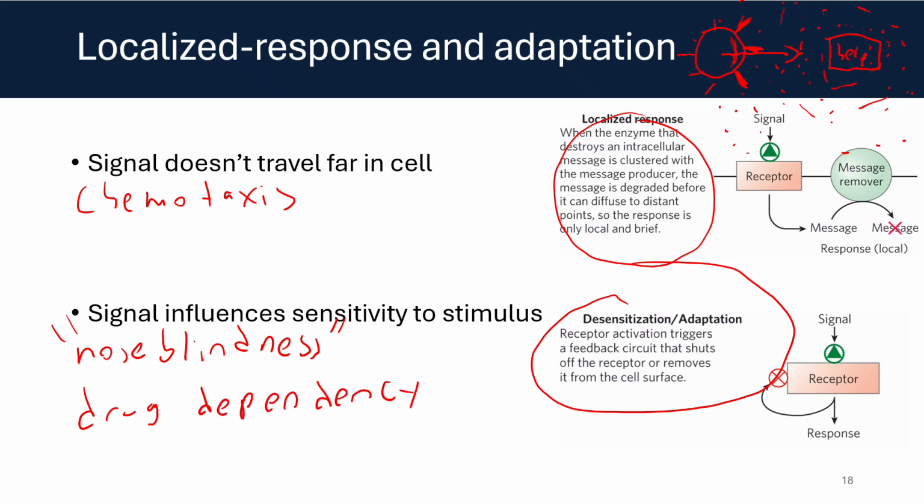Have you ever heard the saying that addicts are always chasing their first high? That's because every time they take said drug, the body becomes less and less sensitive to it because the receptor presentation gets tamped down in the presence of overwhelming signal.